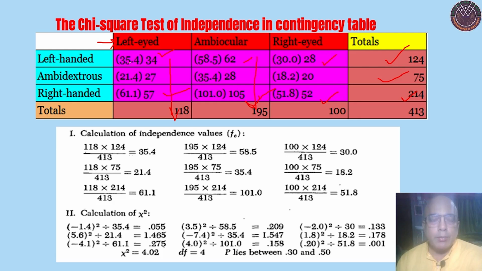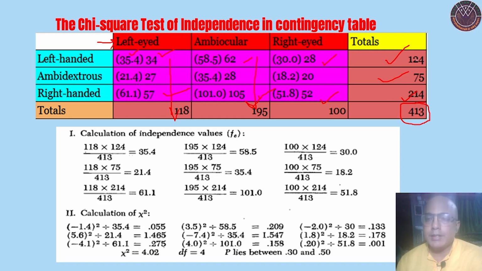Now for calculating expected frequencies, you have to use this particular formula. Suppose you have to find the expected frequency for left-eyed and left-handed. You multiply this row total by the column total, divided by the overall total.